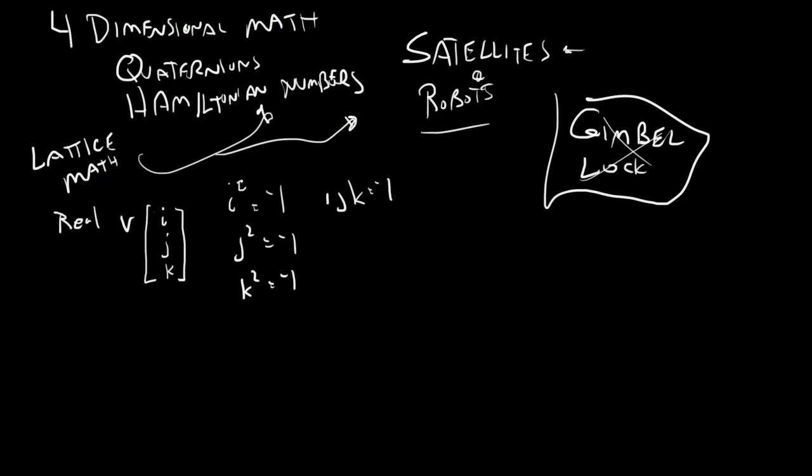But it works. By multiplying two quaternions together in something called the sandwich product, we'll see why in a little bit, you can basically get to the point of doing pretty complex rotations relatively simply.